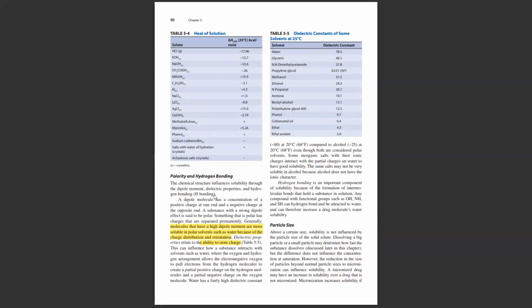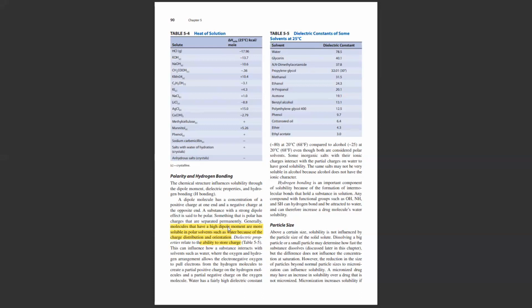Okay, Oscar. The other factor is polarity and hydrogen bonding. So here the chemical structure usually influences the solubility. This could be something like the dipole moment, the dielectric properties, and the hydrogen bonding, as you'll see in the breakdown.